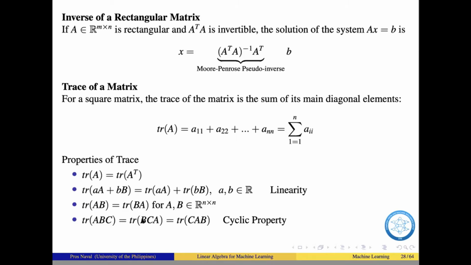Here the BCA, and that's now the same as the previous one, and so on. So you put the first in the last place. You have this equation.